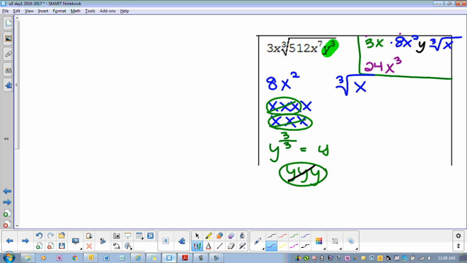When you have the same bases with exponents and they're multiplied, you add the exponents. And then we have just the 1y, and then we have cube root of x. So this is your answer right here. Any questions?